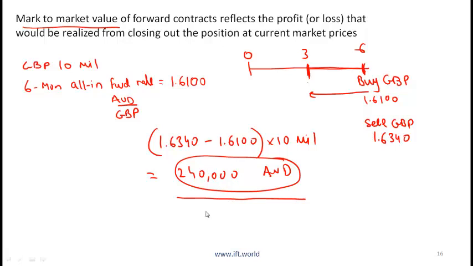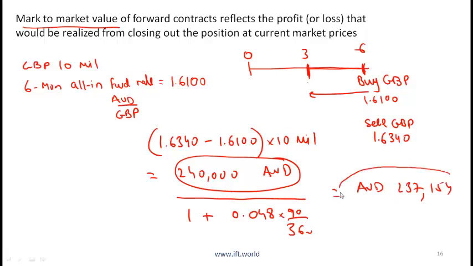Let's say that the interest rate is 4.8%. So to discount back, you will do 1 plus 0.048 and adjust this for 90 days, so times 90 over 360, and this will give you Australian dollars 237,154. So that is the mark to market value.